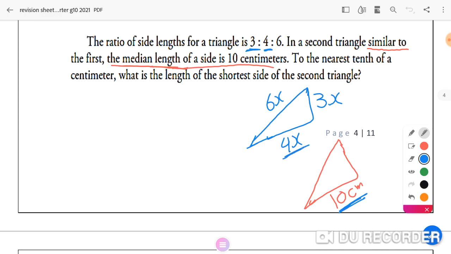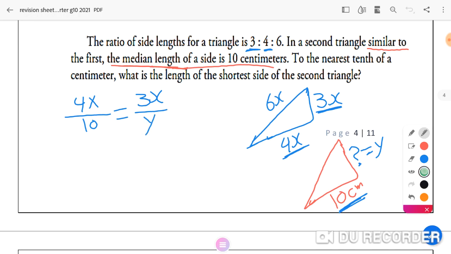So I can say that 4x over 10 equals 3x from this triangle over its corresponding side in this triangle, which is not given and it is required to be found. Okay, and I will call it y. I will give it the variable y.